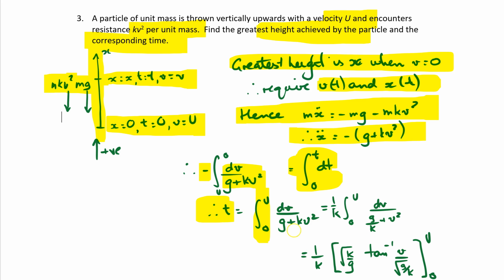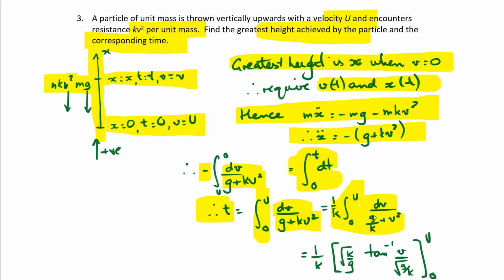So with our limits switched, we're integrating this, which we recognise as, well, we go through our alternatives, it's not a log. We recognise it as a standard integral of tan to the minus 1, but we've got to do a little bit of refinement on it at the moment. So to get the v squared by itself, we'll divide through by k on the bottom and shift it out the front here to counteract it.